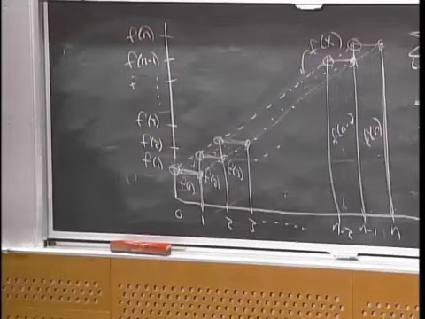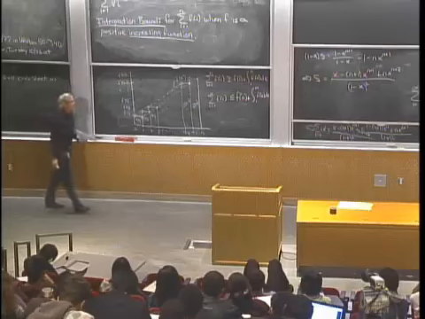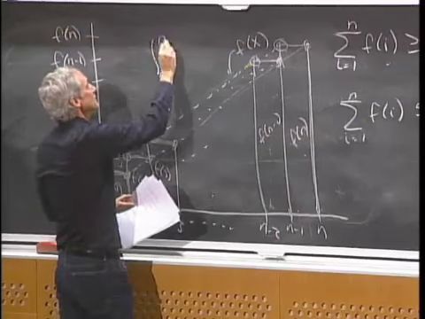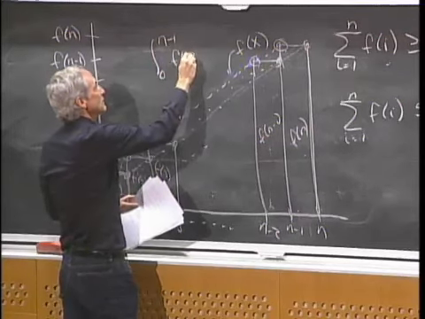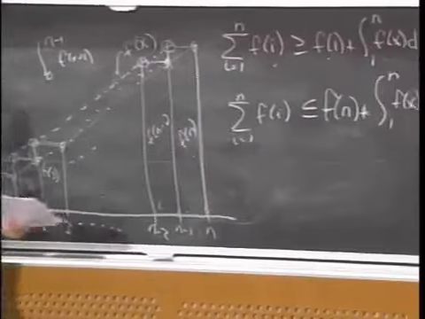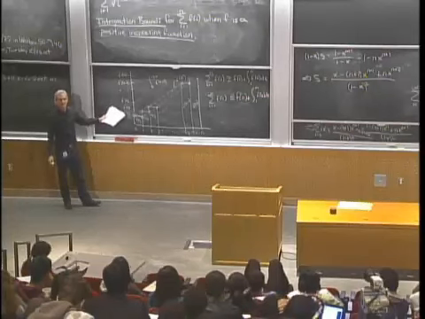I've contained all the rectangles now for the upper bound. Mathematically, this curve is the integral from 0 to n minus 1 of f of x plus 1, which is the same thing as what that is. Okay? Any questions for that?